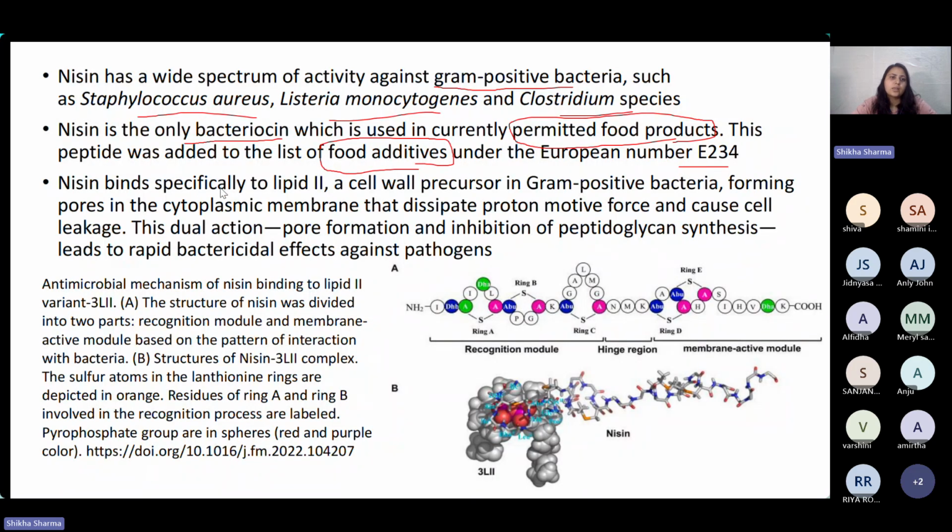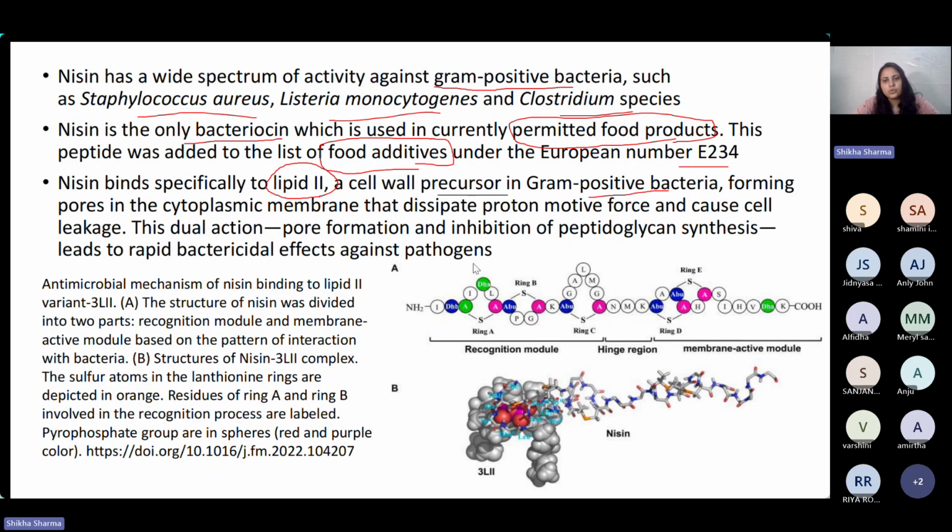Now the mechanism of nisin action: it binds with the lipid II cell wall precursors in gram-positive bacteria.